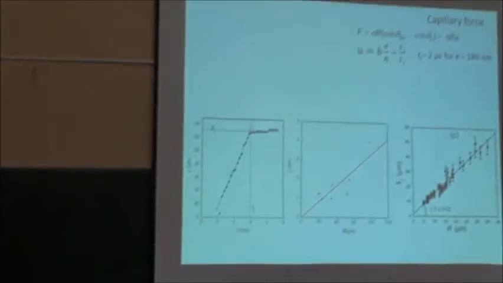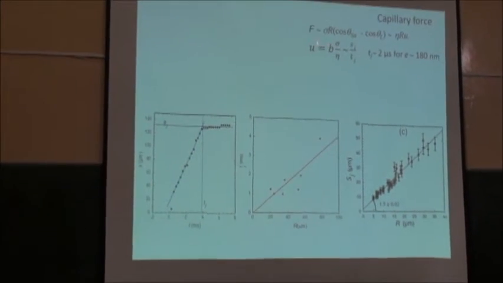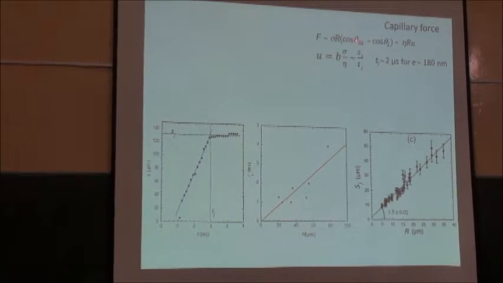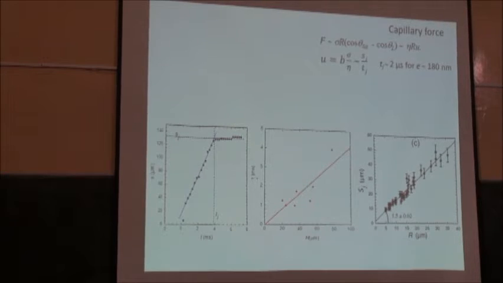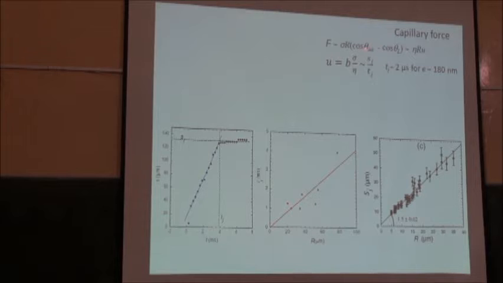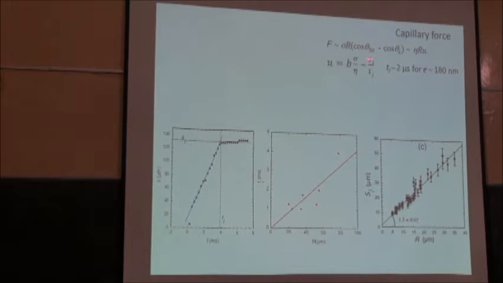Now we can express the capillary force. The capillary force is the interfacial tension times the radius, times the difference of cos theta between the advancing and the receding angle on the liquid. So that's on the order of 1.